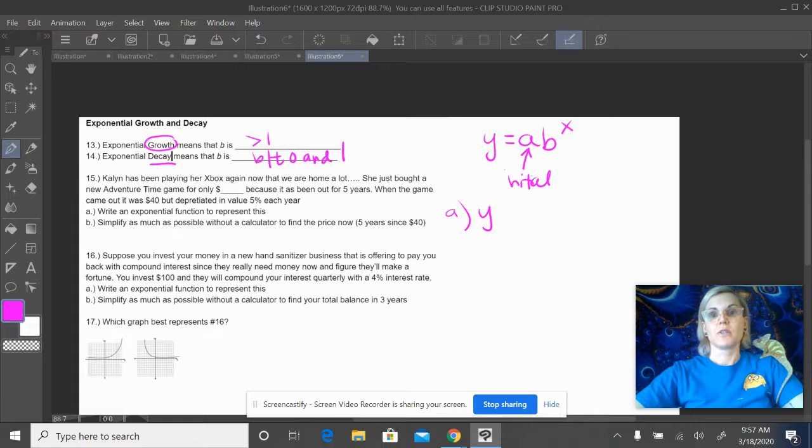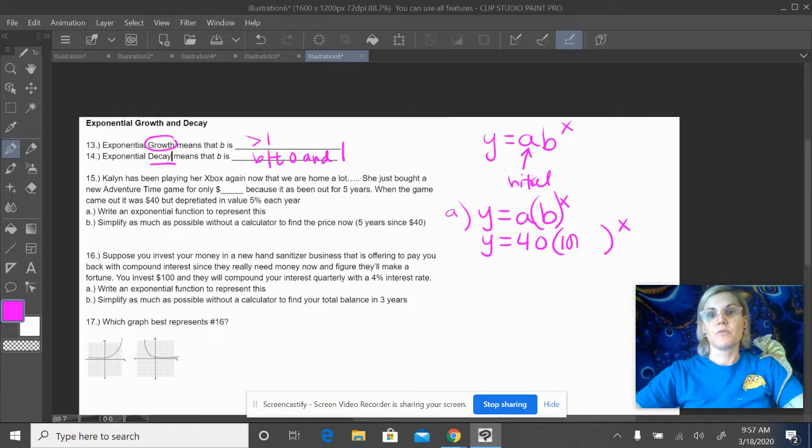Okay, so I'm going to use that. So y equals a times b to the power of x. I'm going to put that in parentheses. So if my game was $40, that's my initial, and I know it's going to be to the power of x. And then what are we going to do with b? So b is depreciating. It's less than 100%.